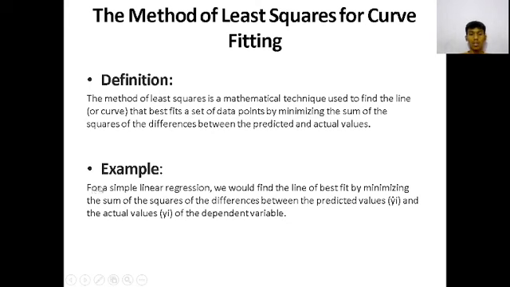Example: for a simple linear regression, we would find the line of best fit by minimizing the sum of squares of the differences between the predicted values and the actual values of the independent variable. So we can find the line of regression just by knowing the predicted values and the actual values of the dependent variable. For us to find the curve of regression, it has to be a dependent variable. For an independent variable, it is not possible to find the curve fitting.